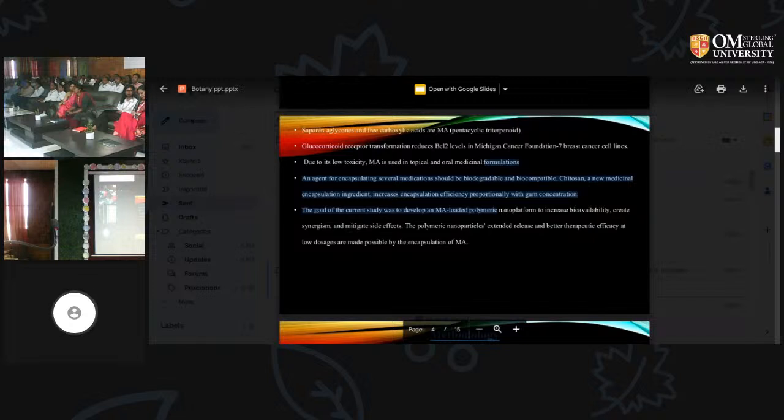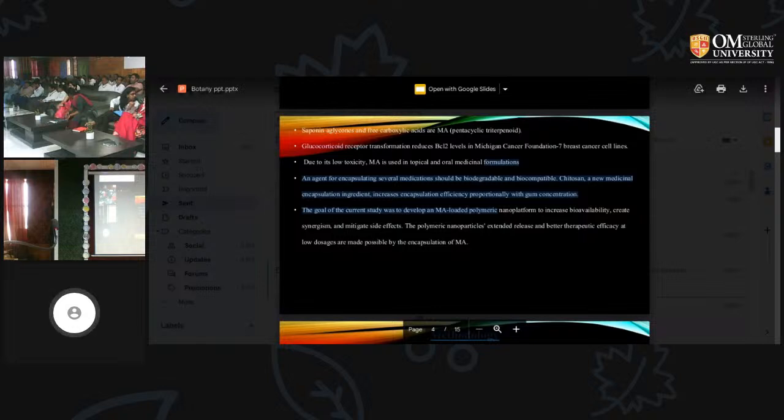Due to its low toxicity, moronic acid is used as topical and oral medicinal formulations. An agent for encapsulating several medications should be biodegradable and biocompatible. Chitosan, a new medicinal encapsulation ingredient, increases encapsulation efficiency proportionally with the gum concentration.